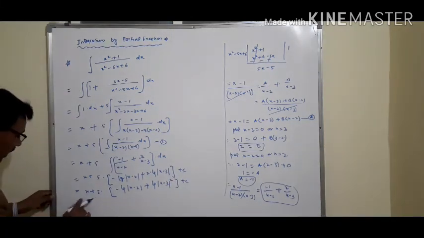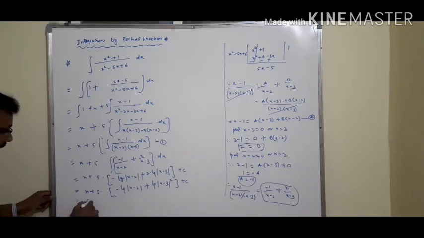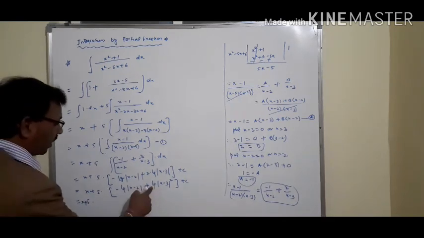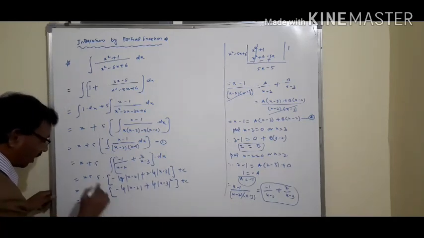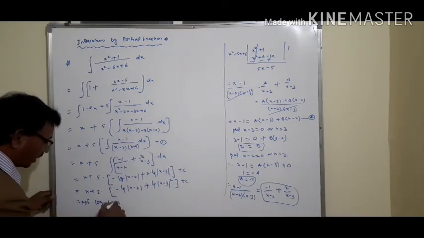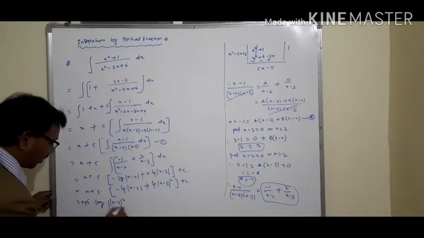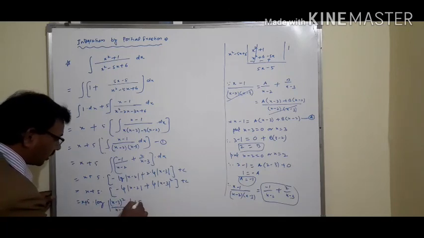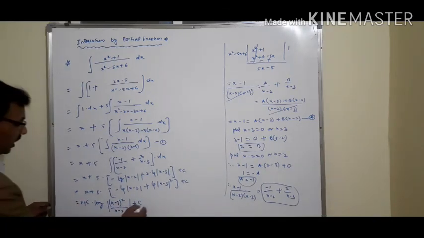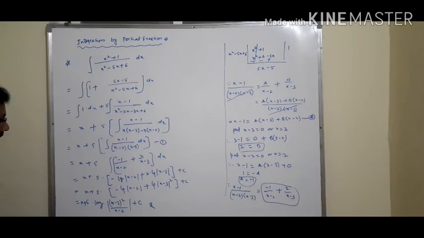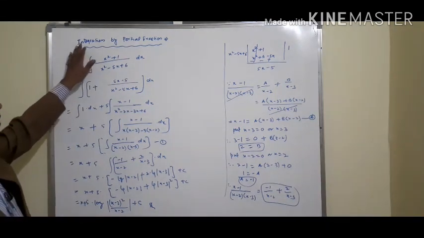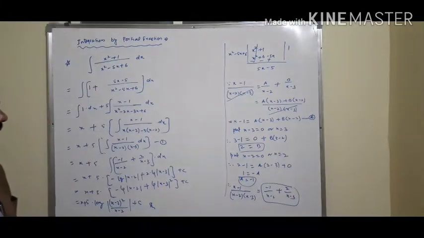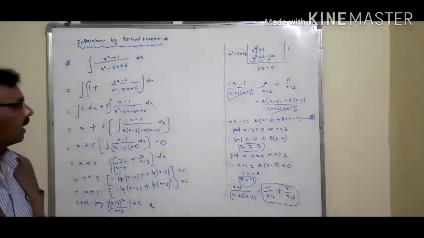Now by the log rule, log m minus log n equals log of m upon n, we can write log of (x minus 3) whole square whole upon (x minus 2) plus c. So this will be your answer, the integration of the given function by partial fractions. Now in the next video we will take another type of function.